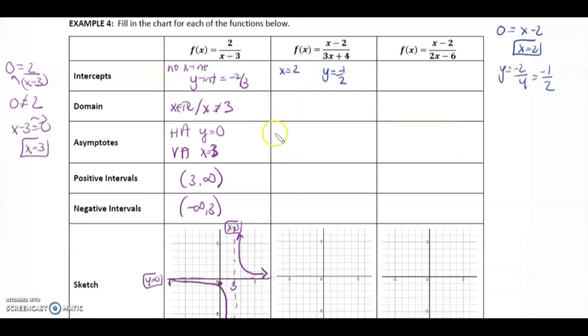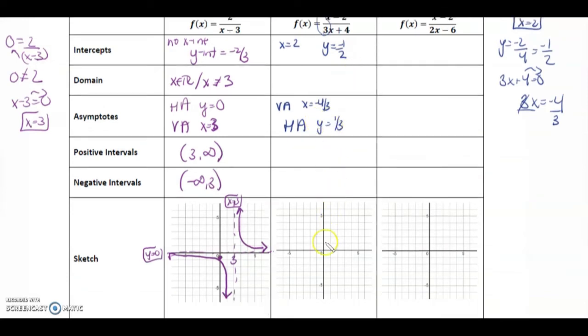Okay, let's do the asymptotes first. Vertical asymptote is when the denominator equals 0. Okay, so bring over the 4, we get 3x equals negative 4, and divide out by 3. So the vertical asymptote is x equals negative 4 over 3. And the horizontal asymptote is the ratio of the coefficients here. So y equals 1/3.